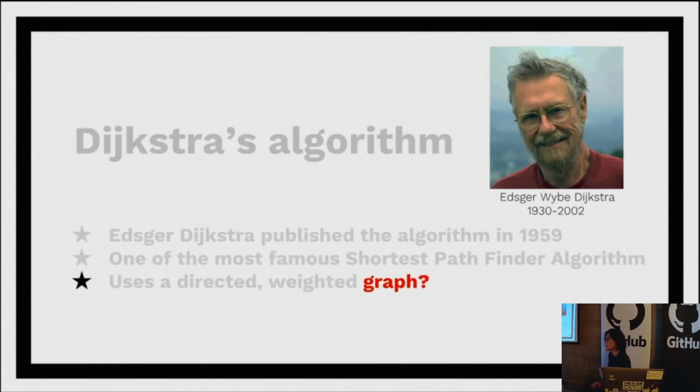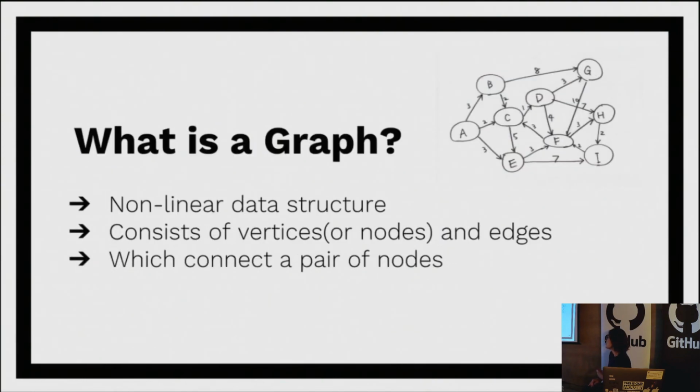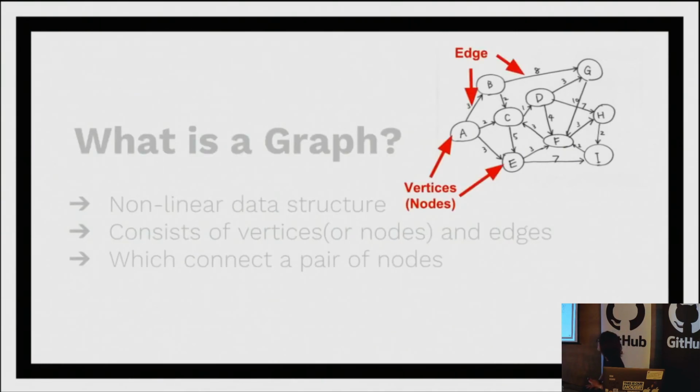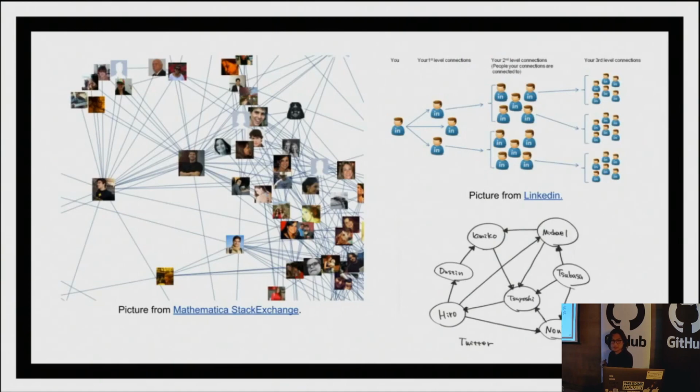First, I want to explain what a graph is. A graph is a data structure, a non-linear data structure, and consists of vertices or nodes and edges, which connect a pair of nodes. Here are nodes and edges. And here is a real example.